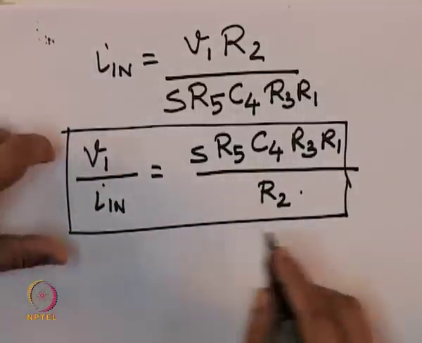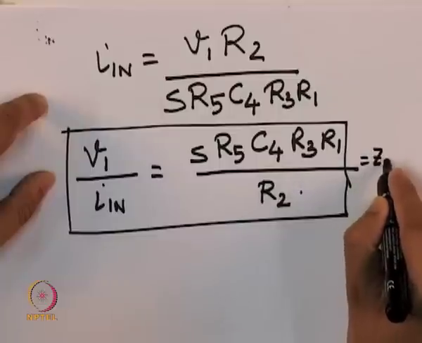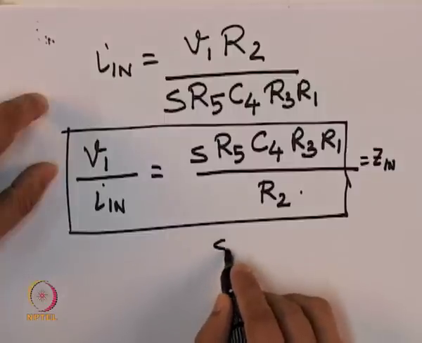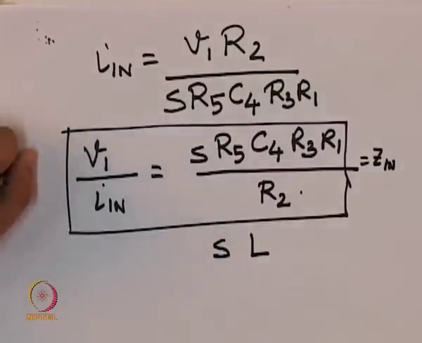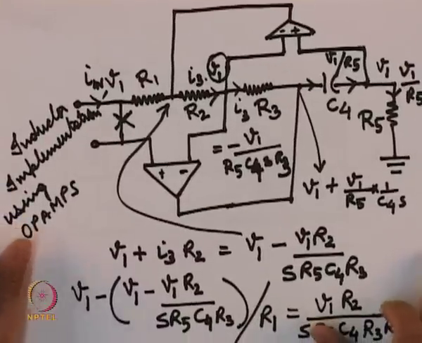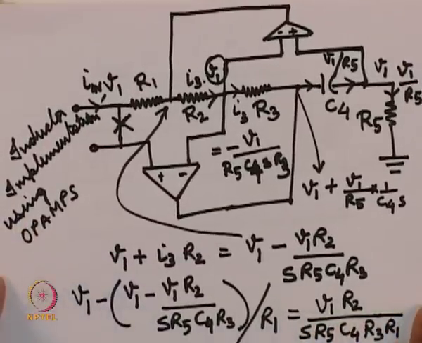This is my input impedance, and since S is in the numerator, this has the same form as that of an inductor. So, by this circuit that I have mentioned, we have actually implemented an inductor. We have not used a real inductor, but this circuit behaves exactly like an inductor.